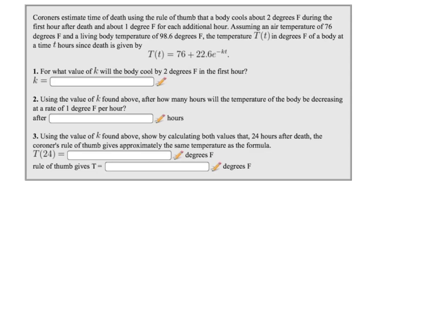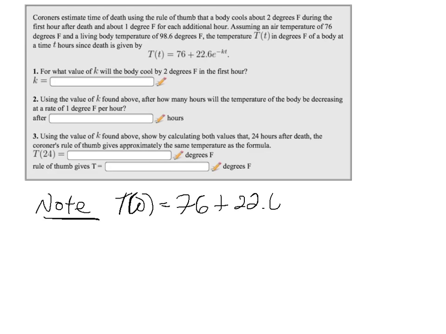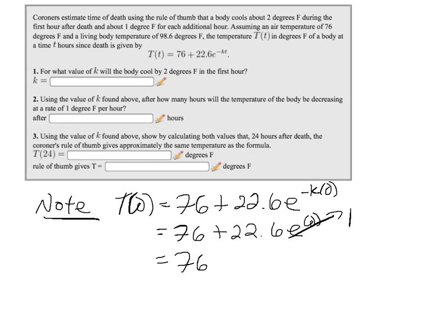Alright, first off we want to validate the model, so we note that if we plug in 0 for t, then k times 0 is 0, and e to the 0 is 1, so that's just simply 1, and you add those two numbers together, and you get 98.6 degrees Fahrenheit, and as you've just read, that corresponds to the living body temperature.